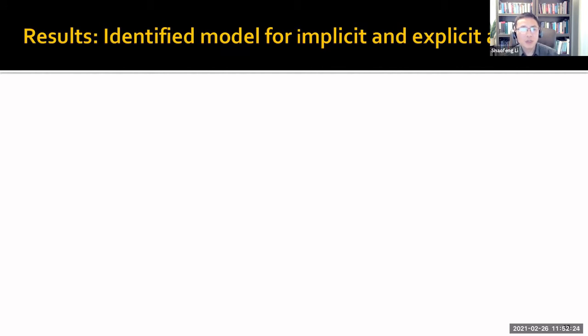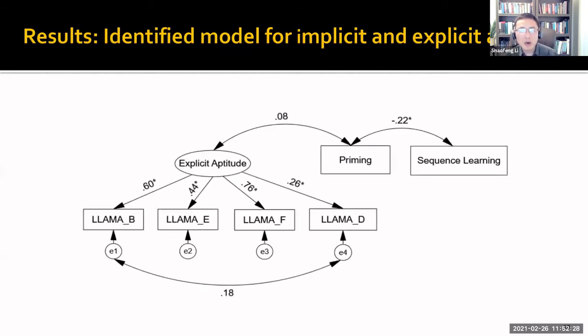Okay, moving on to results. First, let's look at the identified model regarding the relationship between implicit and explicit aptitude. As you can see, the hypothesized model was not confirmed. This is the identified model, which is different from the model that I hypothesized.